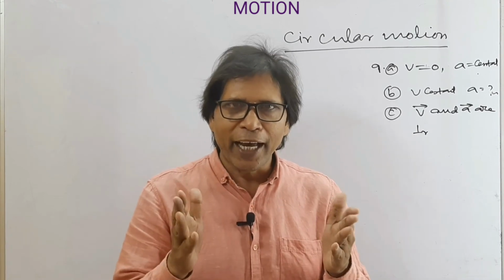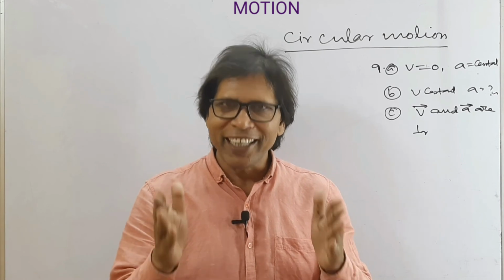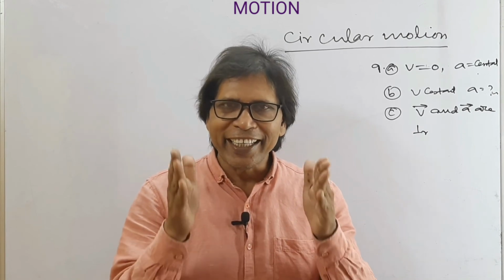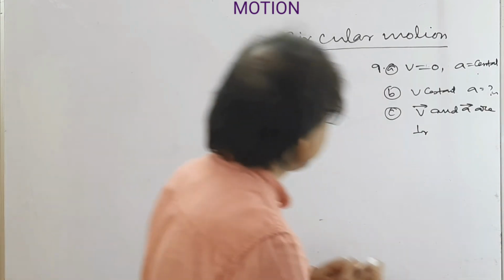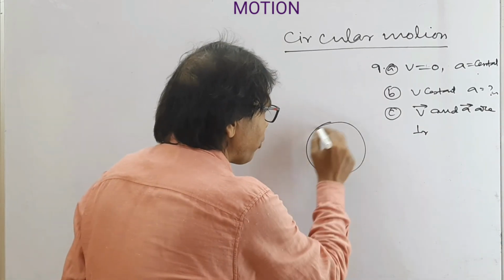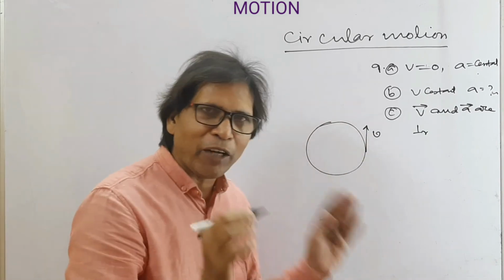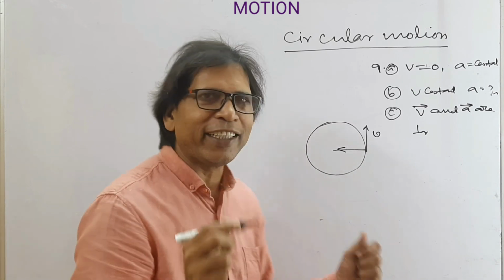Okay, can there be an acceleration normal to the direction of motion? Yes. In uniform circular motion, the velocity is directed tangent to the circular path and acceleration is directed towards the center.